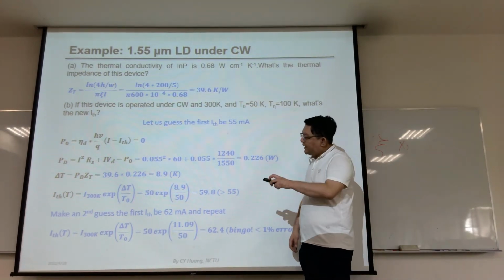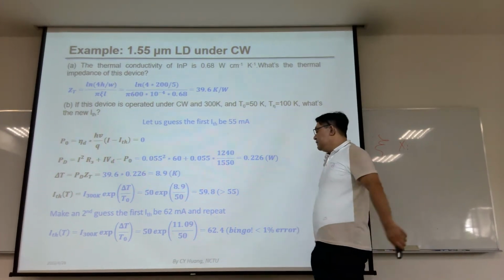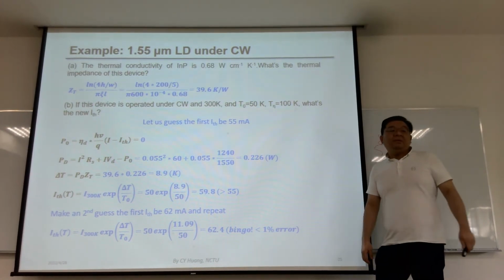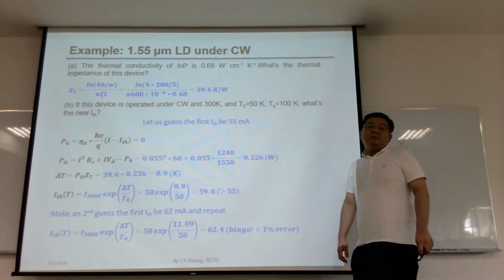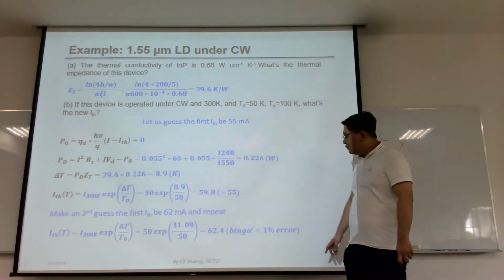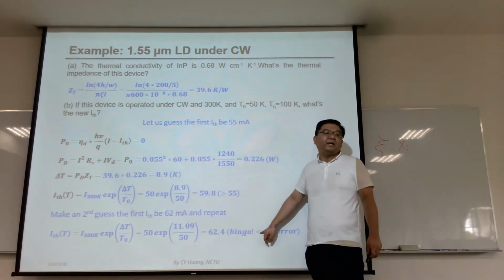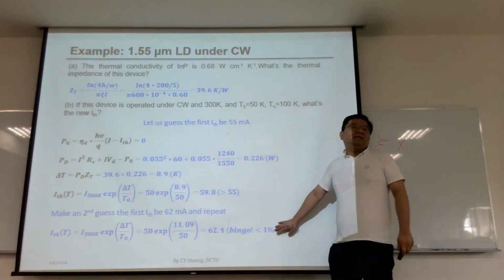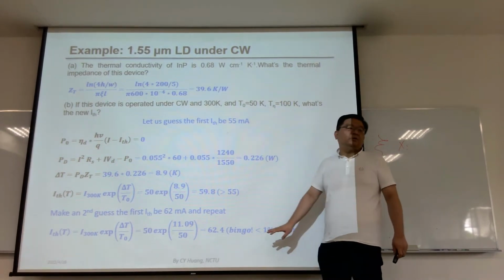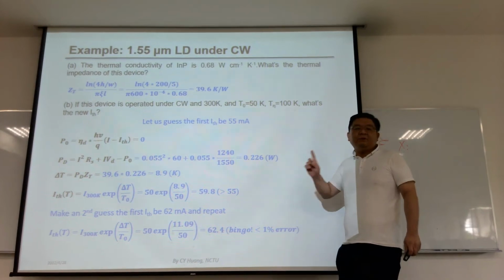So I will take the CW ITH to be 62 milliamp. In your homework, you have to tell me what your criterion is. You can say that after 2 iterations, you find the error is already less than 1 milliamp.